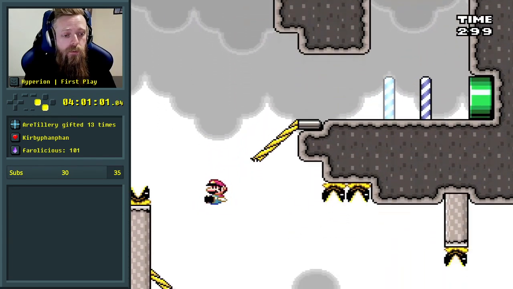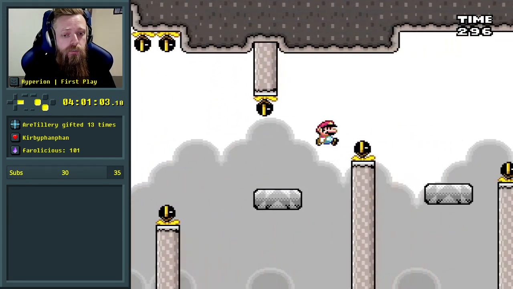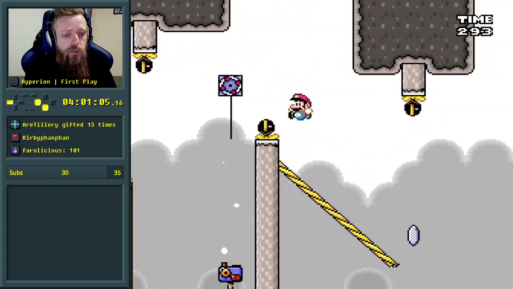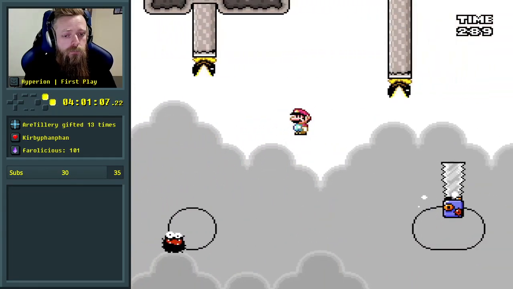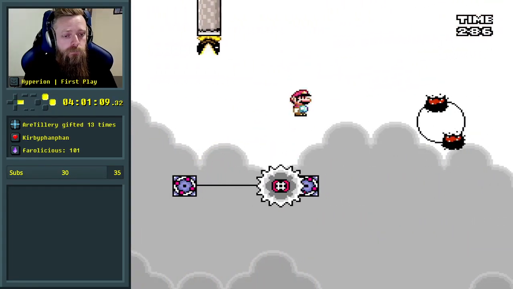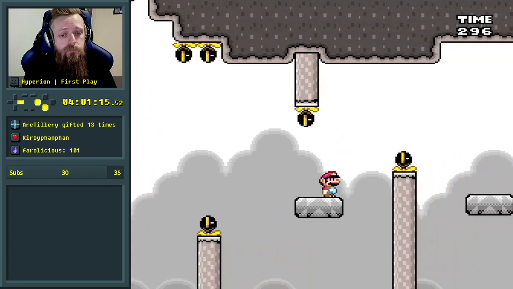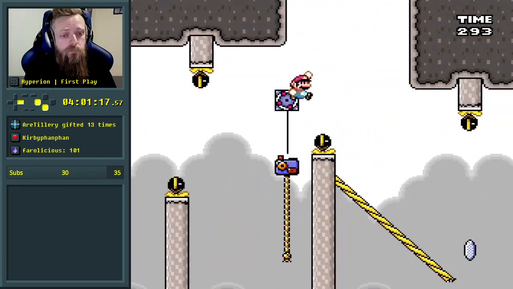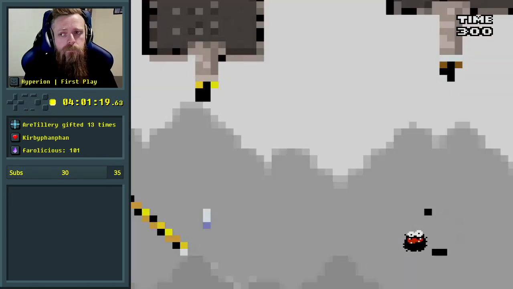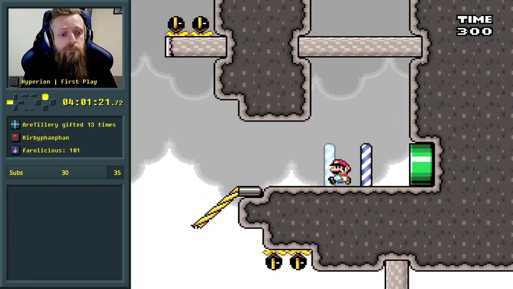Okay. This is indeed a path. This is where we'll be taking our little friend Mario. I think this is all just a go, go, go kind of section. I could have stopped there, but we'll see what happens. We'll try some stuff out.